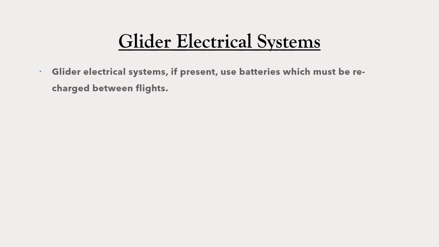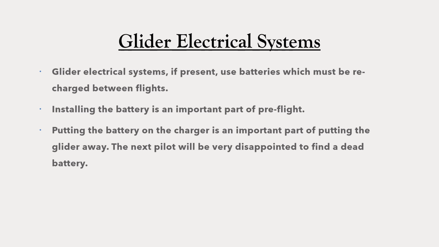In gliders, it's always based on batteries, and they need to be recharged. So during pre-flight of a glider with an electrical system, installing the battery is an important part of doing that pre-flight. And at the other end of the day, when you're putting the glider away, taking the battery out and putting it on the charger is an important part.